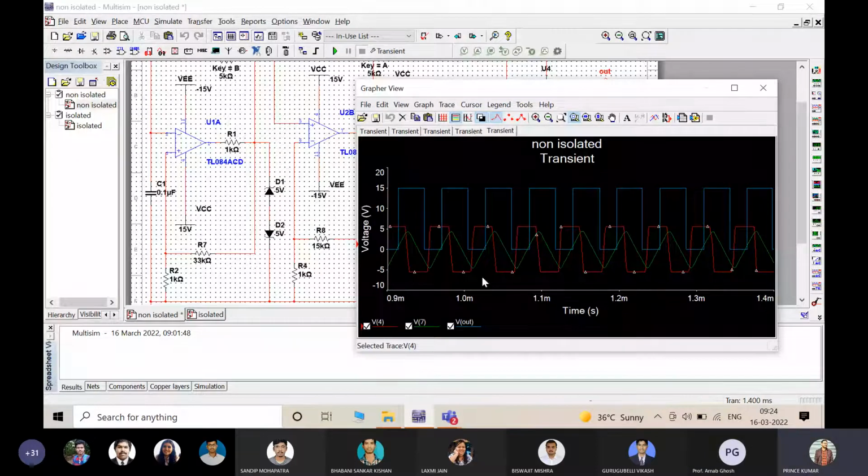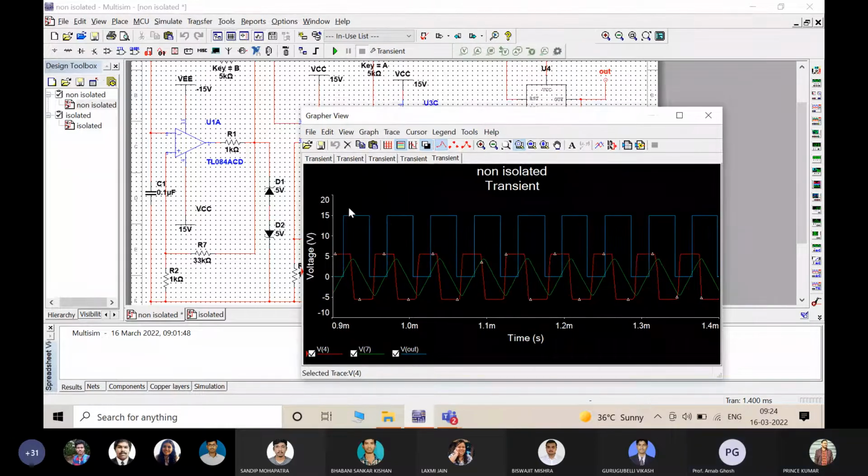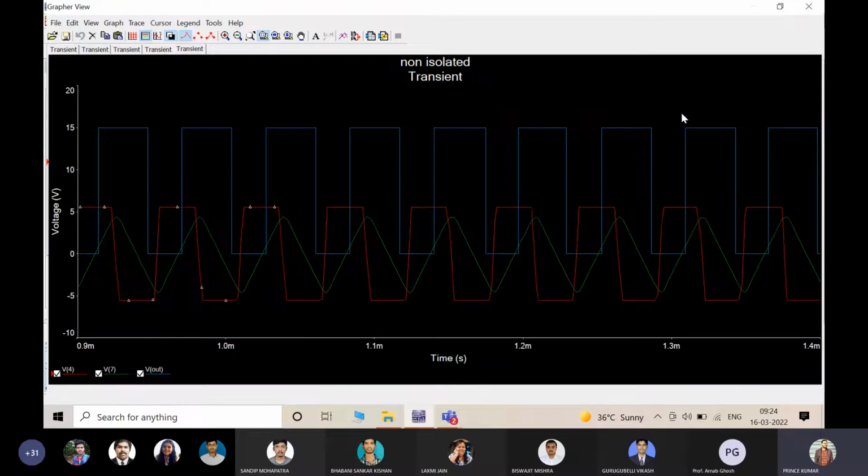And the second waveform is a triangular wave. And the output of this comparator is this one, sir, the blue one. Comparator's waveform is this one, the blue one.